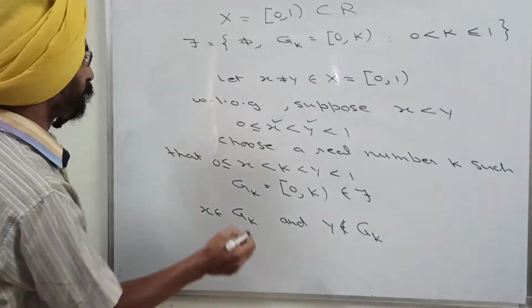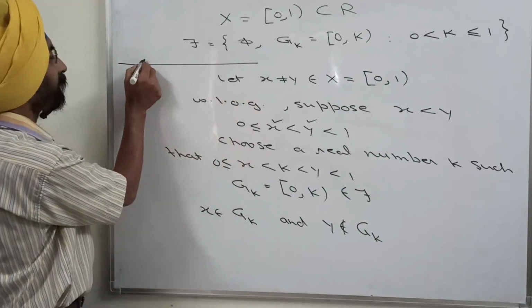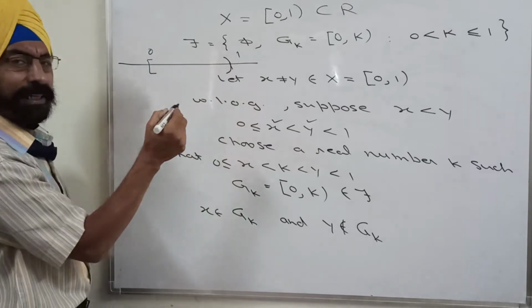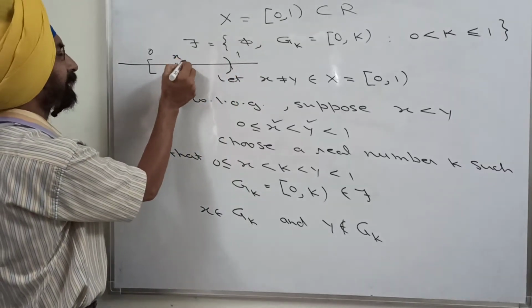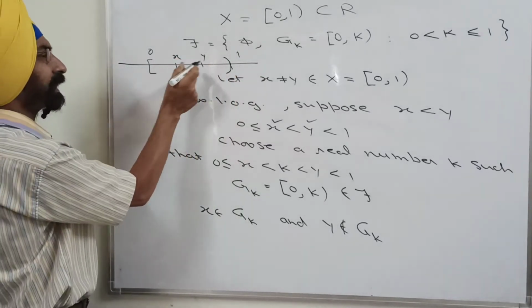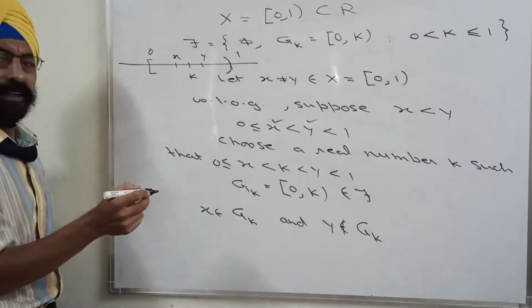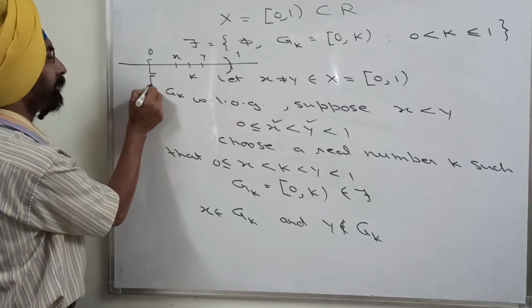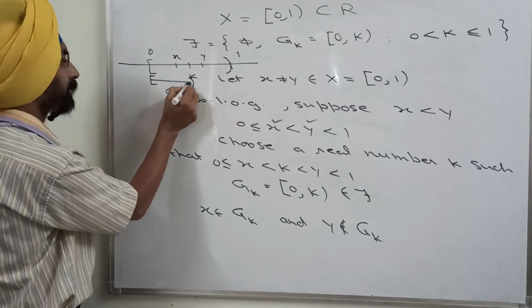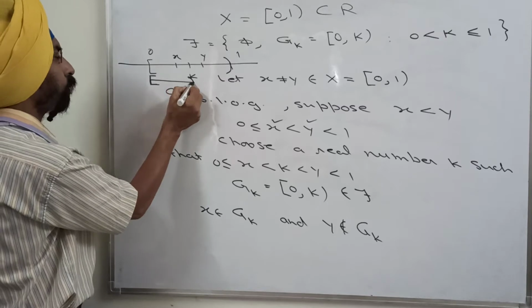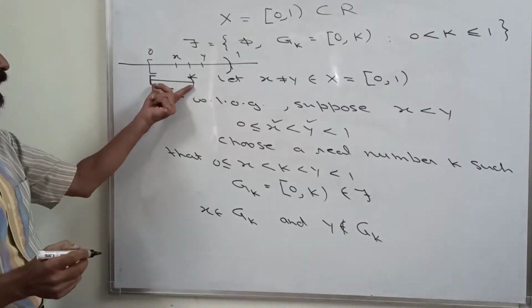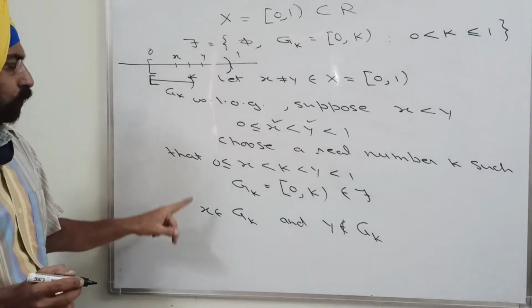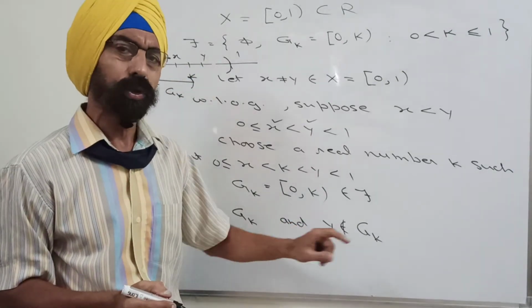Why? Very simple. On the real line, here you have 0, here you have 1, open to this side. You have chosen two numbers x less than y, and between x and y you have taken k, and G_k is this interval, closed on the left side, open on the right side. In this interval, x is in the interval and y is not, so x belongs to G_k and y does not belong to G_k.